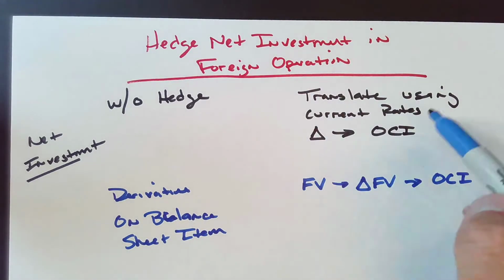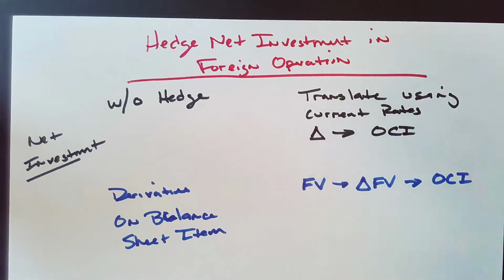If say I have a net investment here, and the example in the textbook talks about a net investment in a German company, and the euro is the functional currency of that foreign operation. So I've got that asset. If I take out a loan in the euro, that becomes an effective hedge of that particular net investment in the foreign operation. But it's a little trickier with the on-balance sheet item.